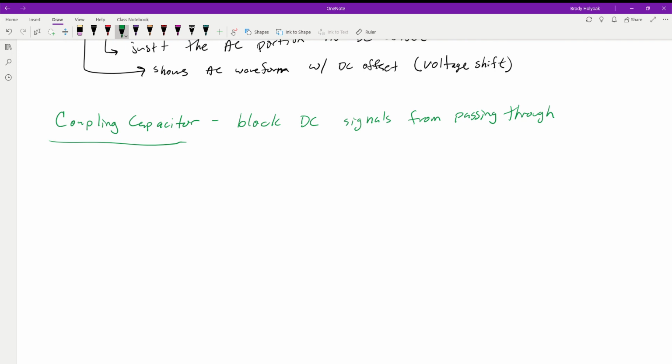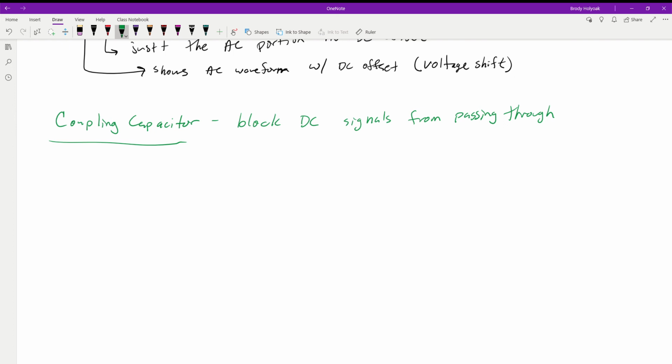Now we use these primarily to connect our AC generator into the circuit, so that we're not throwing DC signals back into the generator and causing loading effects down there. One nice thing is that it isolates the generators from each other, one DC, one AC, so that they don't mix, and we don't lose any of our signal into the generator.